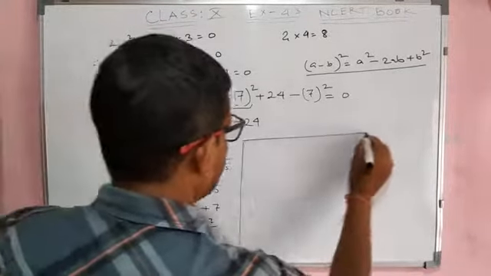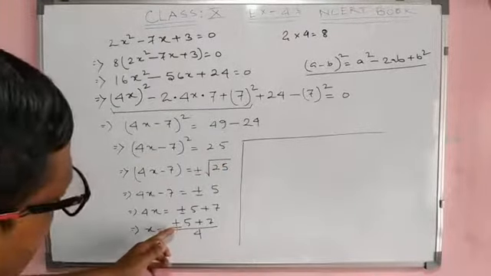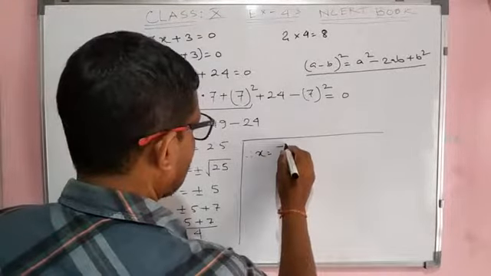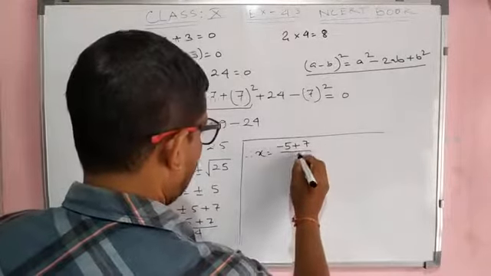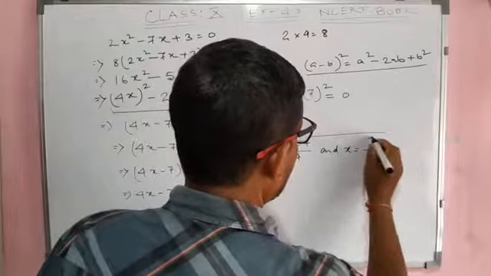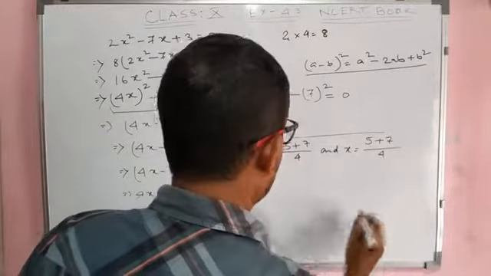Writing this one time with minus and again with plus, we get x equal to 7 minus 5 divided by 4 and x equal to 7 plus 5 divided by 4.